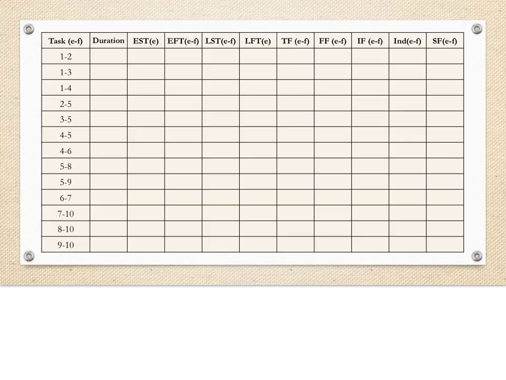When you see the E and F, these refer to the numbers in the task. So, in this cell, you will be putting the values for the total float of task 4.5. Please complete this and email it to me before October 16th.